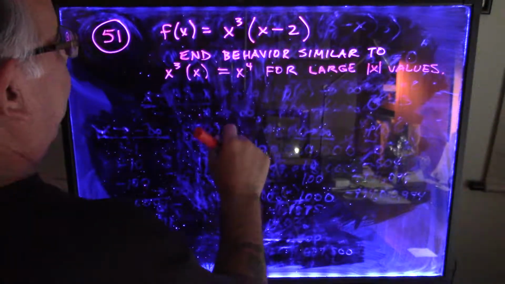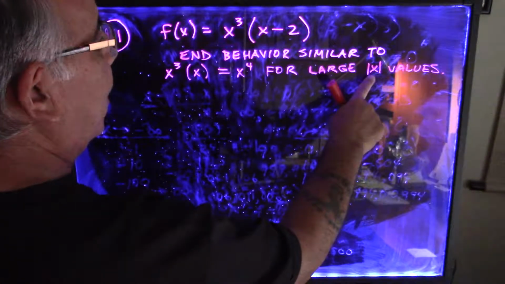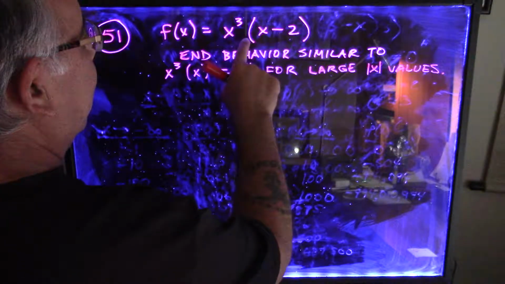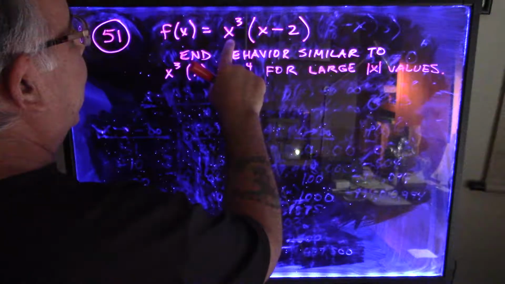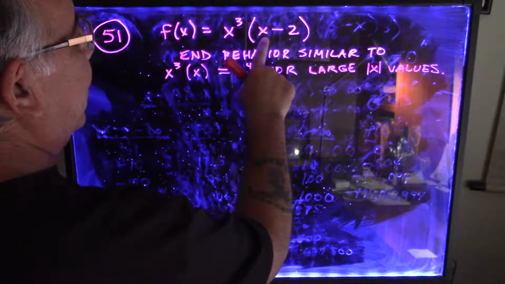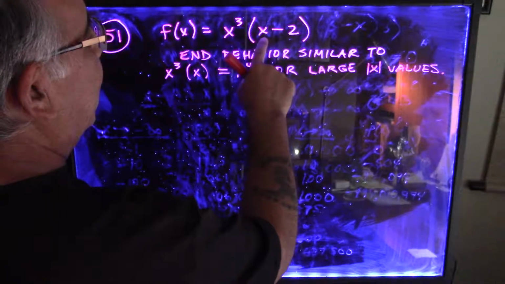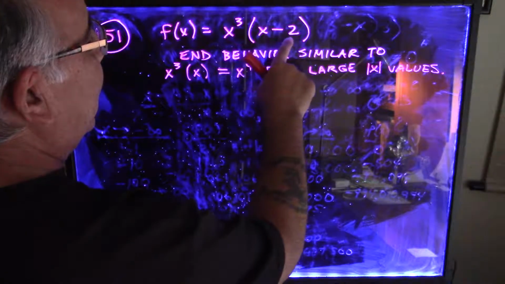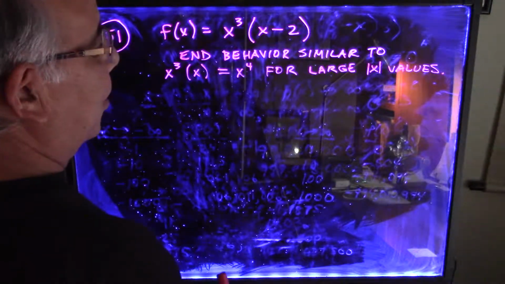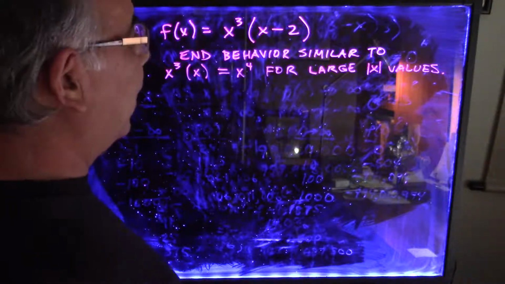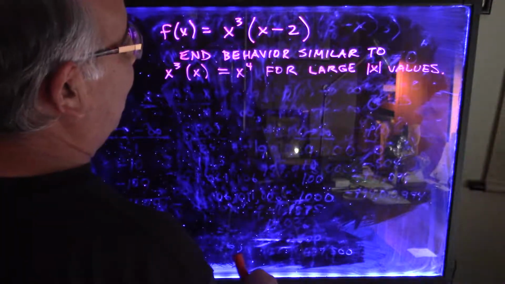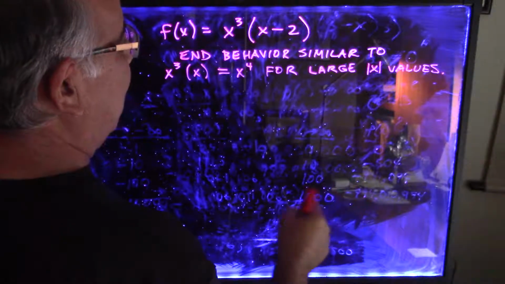In other words, what I'm saying is, for large absolute value of x, this is going to look a lot like x cubed times x. Forget about the minus 2, because when x is very big in absolute value, it's going to overwhelm that little bitty minus 2. That could be minus a billion if you want, and I can still say the same thing.